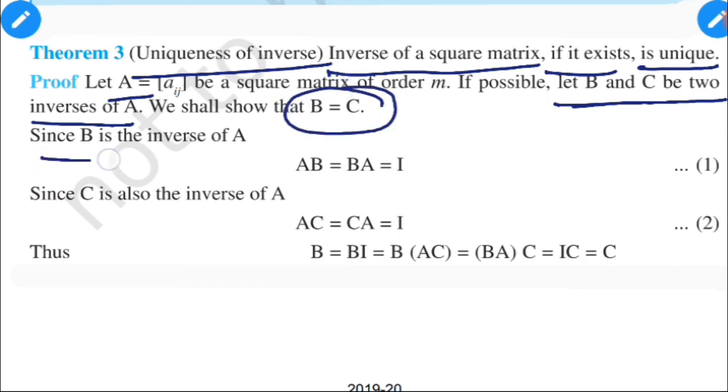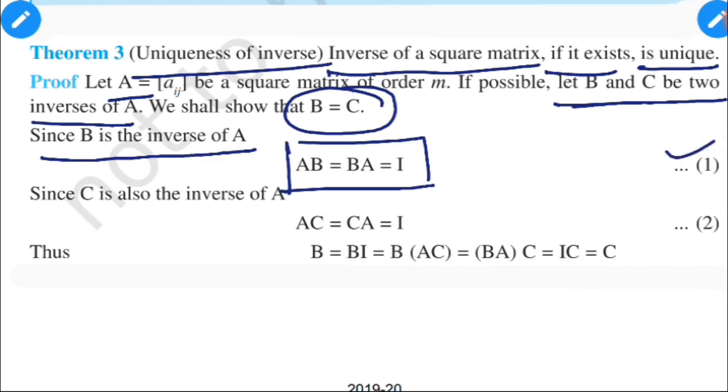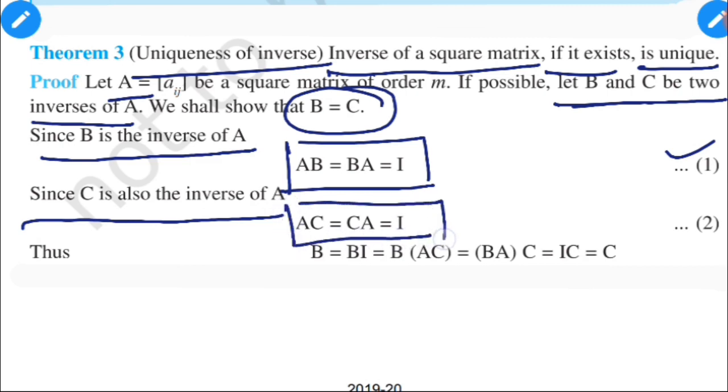Since B is the inverse of A, we can write AB equal to BA equal to I. Using the definition, if AB equal to BA equal to I, A is the inverse of B and B is the inverse of A. That is equation number 1. And if C is the inverse of A, we can write AC equal to CA equal to I.